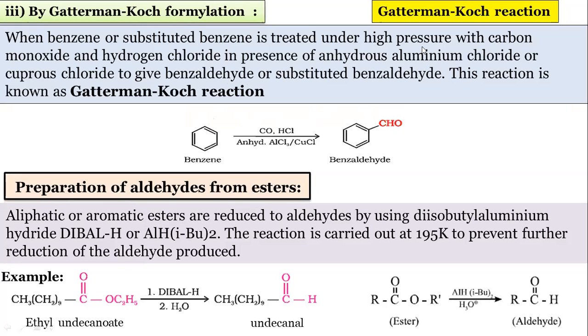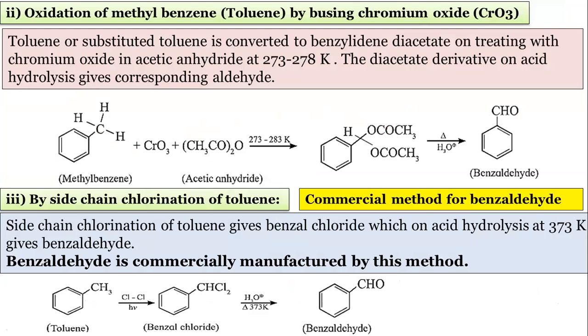This name reaction is asked for 2 marks: Gattermann-Koch formylation reaction, benzene to benzaldehyde. Before this, many reactions are completed: Stephen reaction, Etard reaction, then Rosenmund reaction. For the practice of these reactions, prepare one chart.